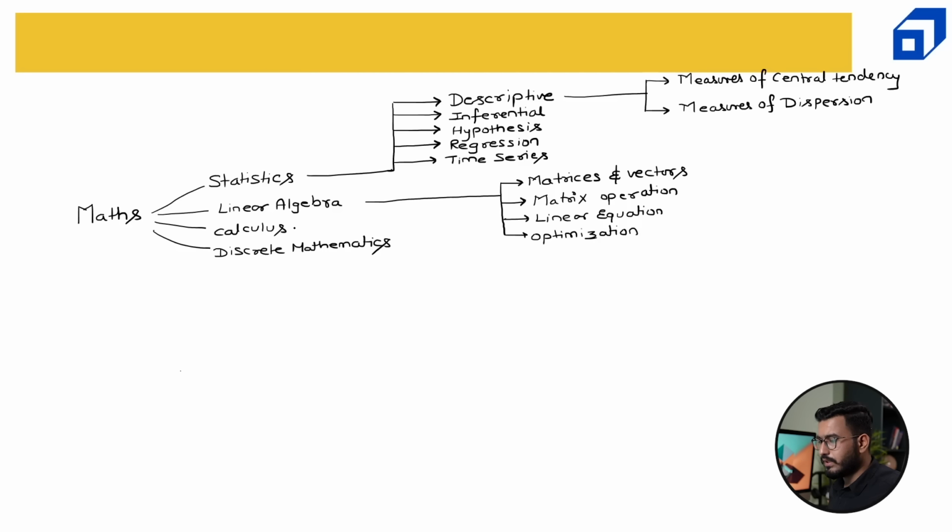Now when we come to calculus, under calculus we have topics like differentiation, integration. You guys must have learnt about calculus in your 11th class or 12th class. But calculus is also a very important topic when it comes to machine learning. We use a very high amount of calculus when it comes to neural networks.